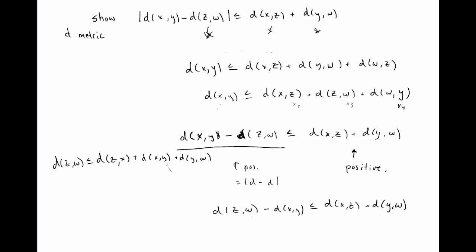So that we filled in all of the intervening steps, and then we have d(z,w) minus d(x,y) is also less than d(x,z) plus d(y,w).